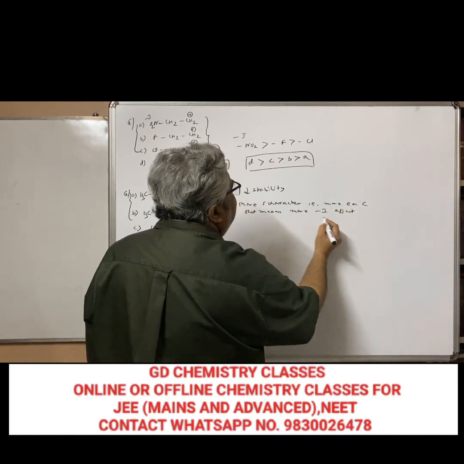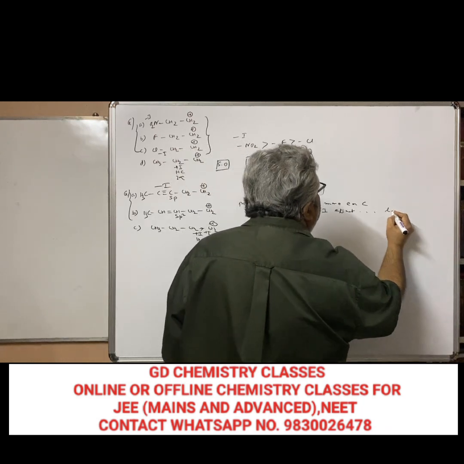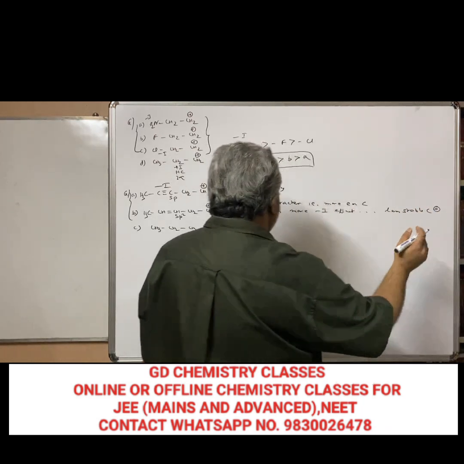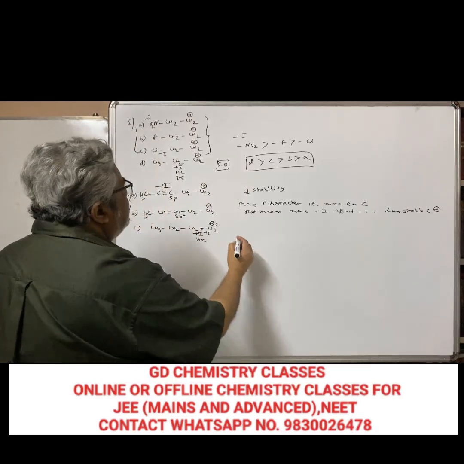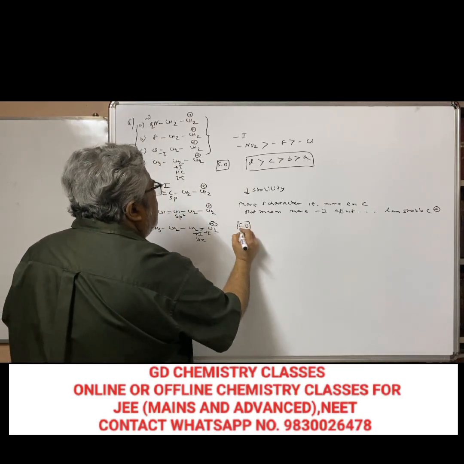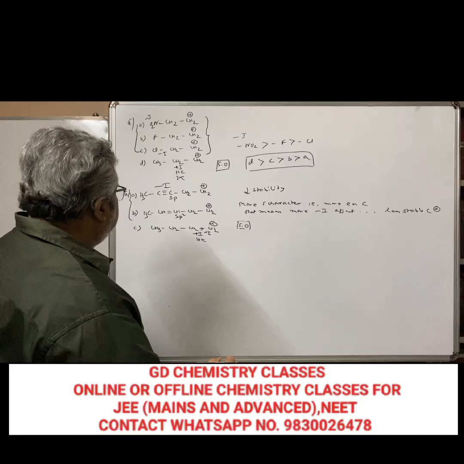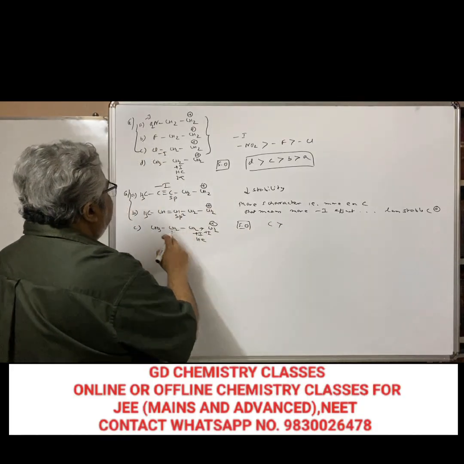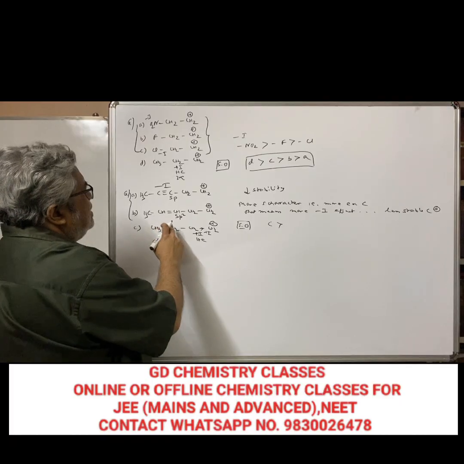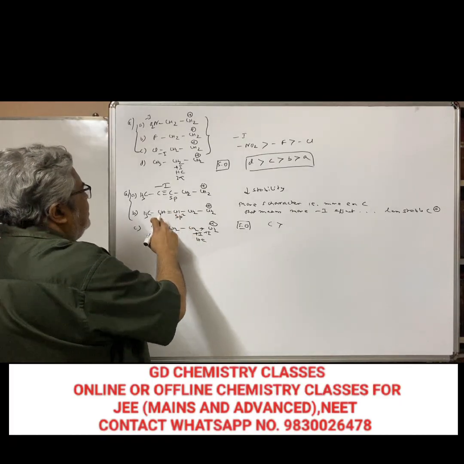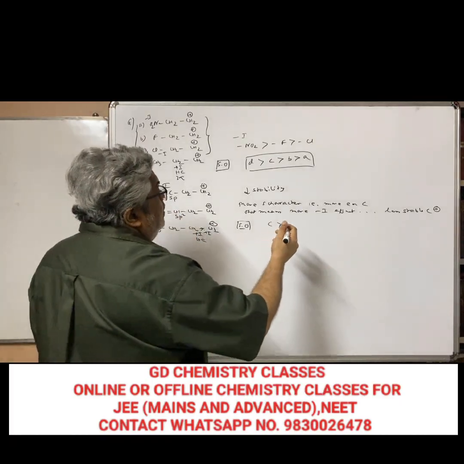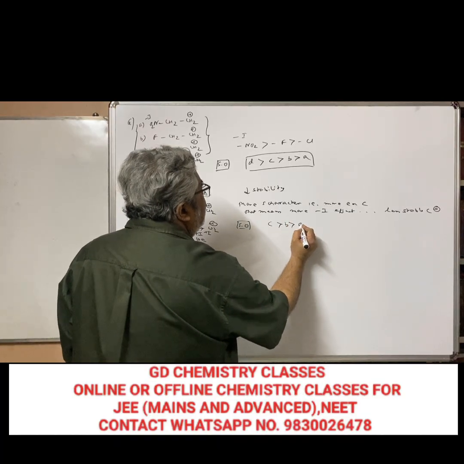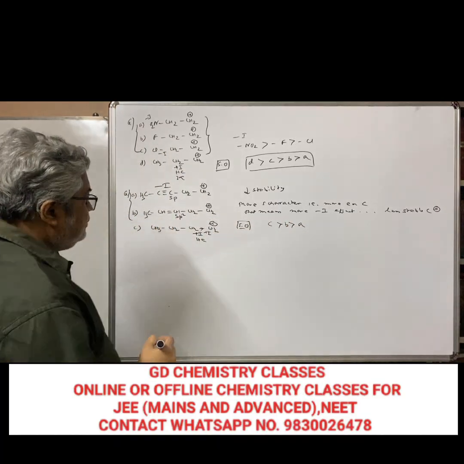More minus I effect means obviously a less stable carbocation. The reason we already know. So obviously the stability order for this particular question will be C with plus I effect, then both B and A with minus I effect, but minus I is more in A than in B, and more minus I effect means less stable. So it is C, B and A.